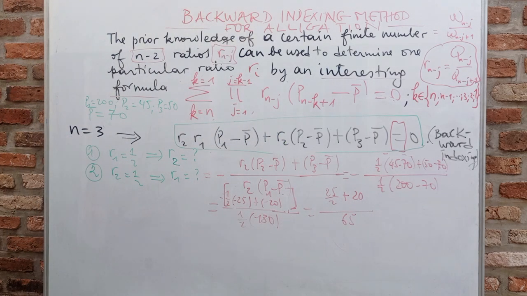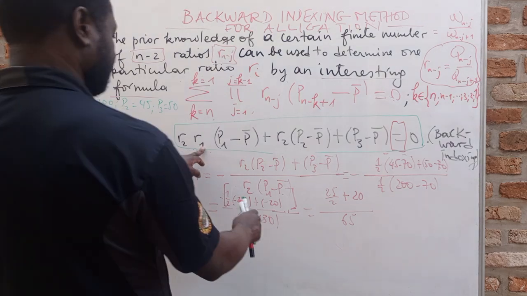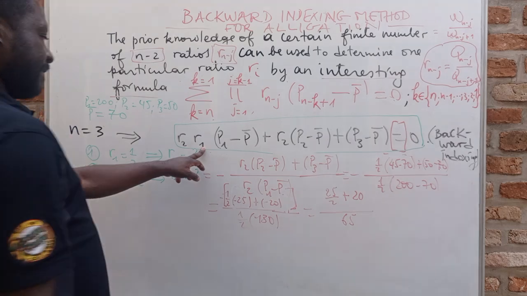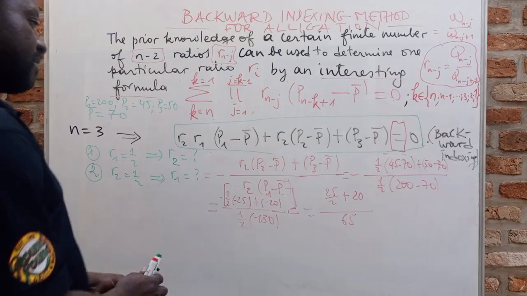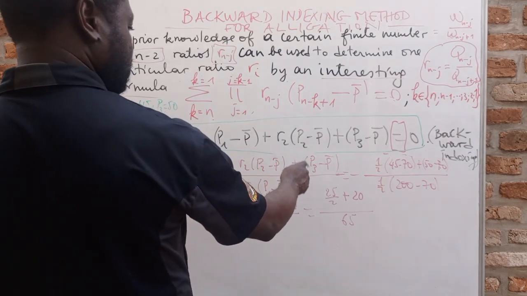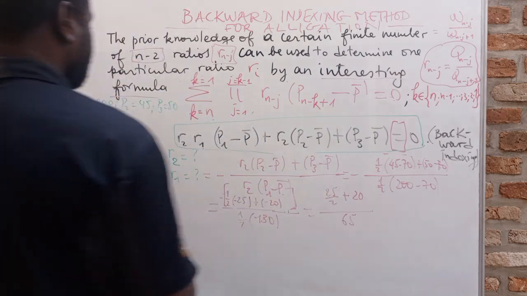So let me check for any possibility of mistake. If there is no mistake, R1 here is expressed as a half, and downward we also have a half, so here we have P2, 45 minus 70.